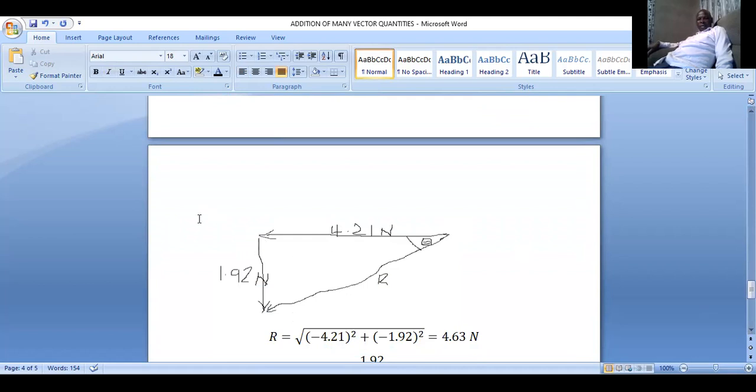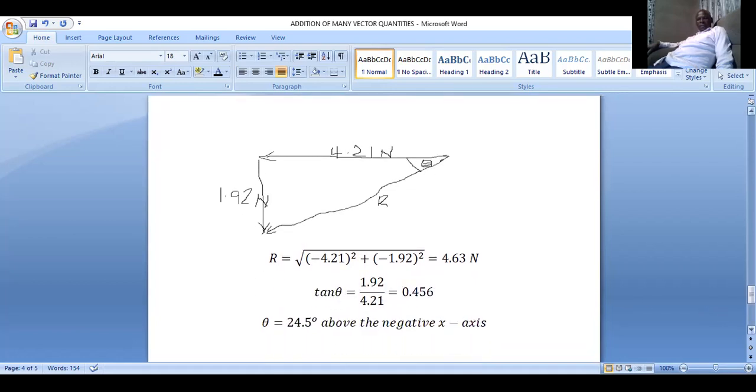As well, after adding all the forces in the y direction, we found 1.92, which is in the negative direction. Therefore, it will go that way. For us to find the resultant force, we can merely use the Pythagorean theorem, square 4.21 as well as 1.92 squared, and we get 4.63 newtons.